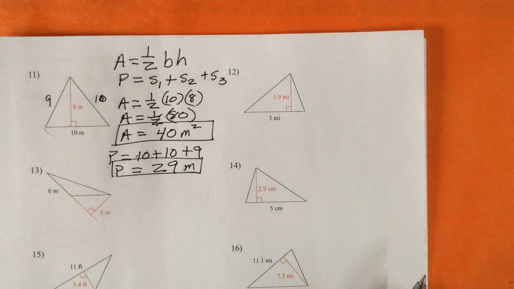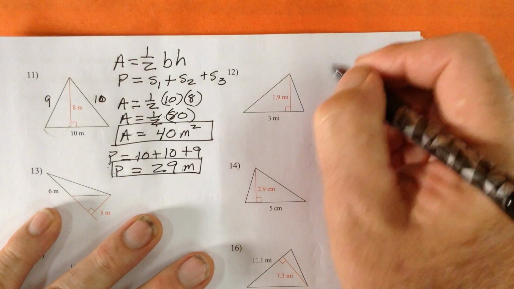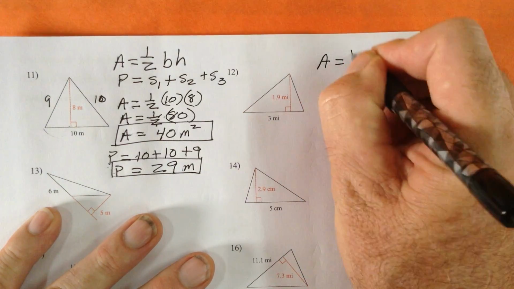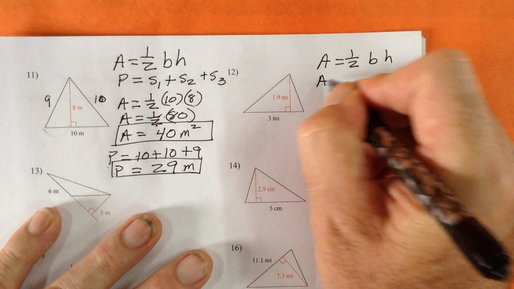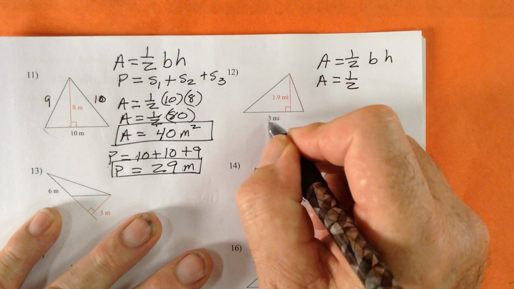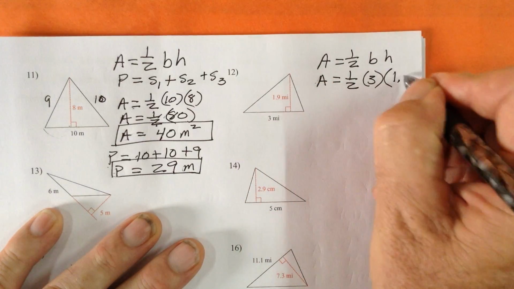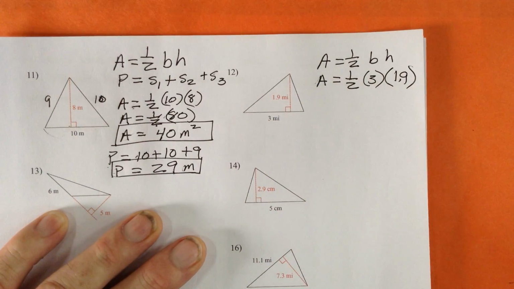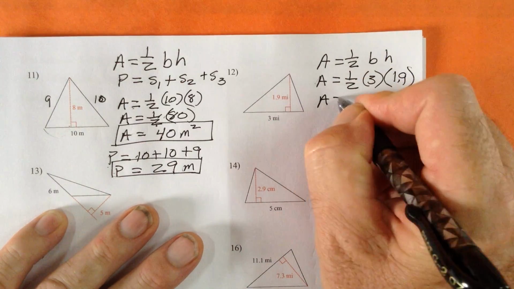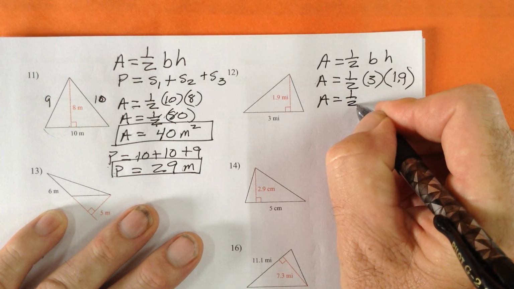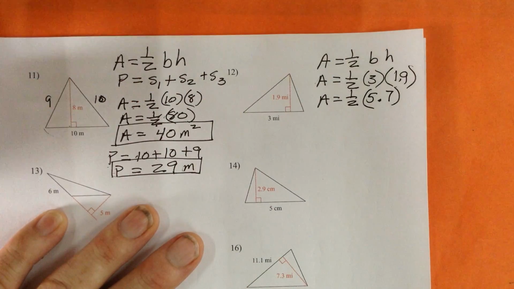Okay, number 12. Same thing here. Find the area of the triangle. So the area is 1/2 of the base times the height. So here the area is 1/2, the base is 3, times the height is 1.9. So if I go 3 times 1.9, it comes out as 5.7. And again, I use the calculator to do that.